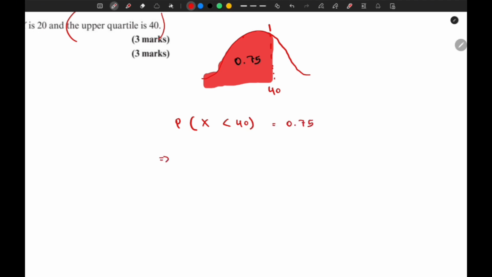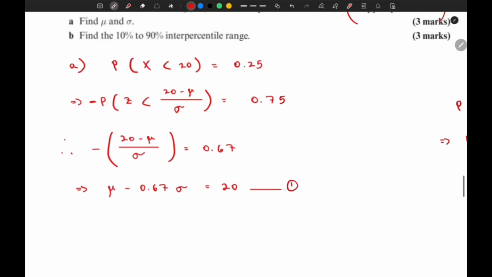Now we need to convert this value of x into z. So we can replace x with z and 40 with 40 minus the mean value divided by the standard deviation. And we know that when the probability is 0.75, the value of z is 0.67.